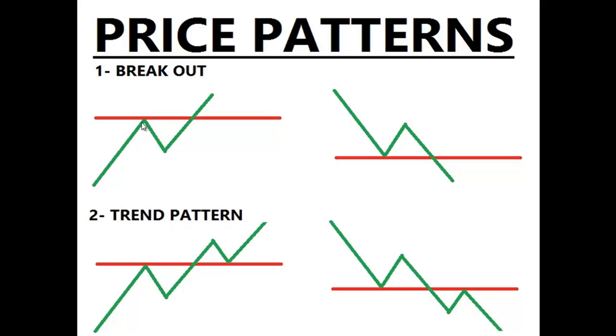If it then breaks the previous high, this is called a breakout pattern. How you enter is, you see this swing high level, you place your buy stop 3 to 5 pips or points above the previous swing high. When it gets hit, you take a buy entry and go long. Your stop loss goes below the previous swing low.